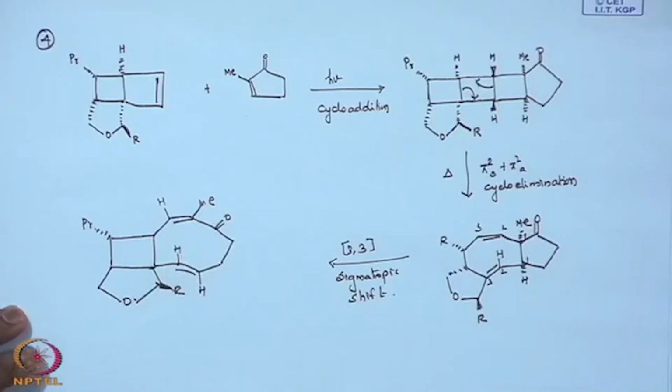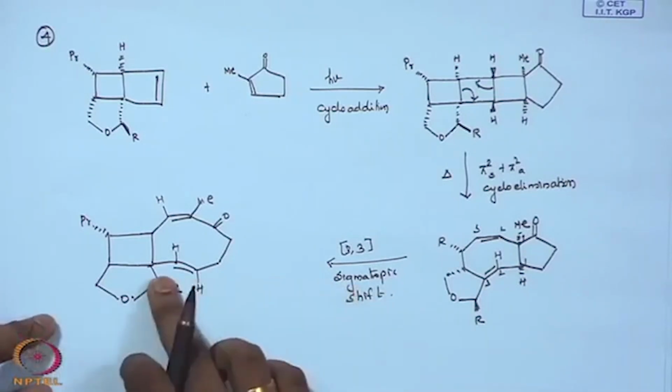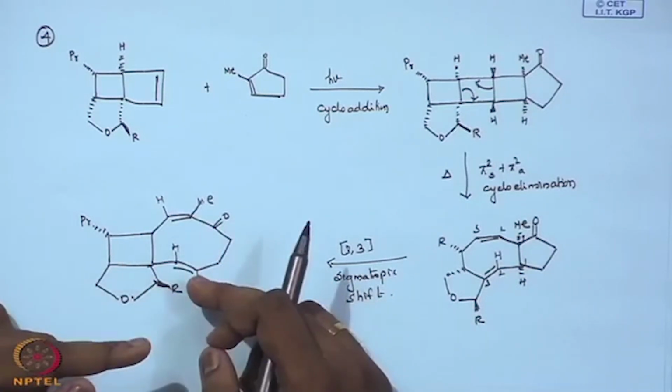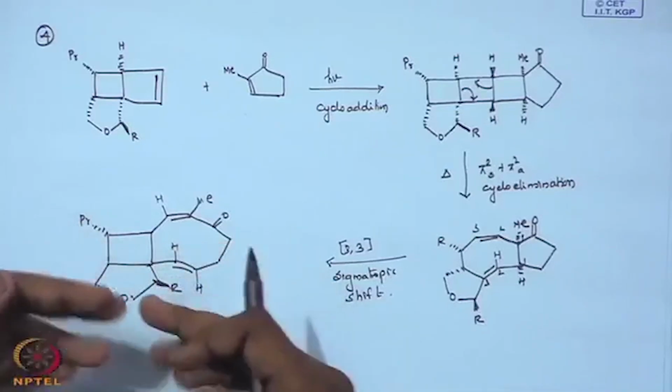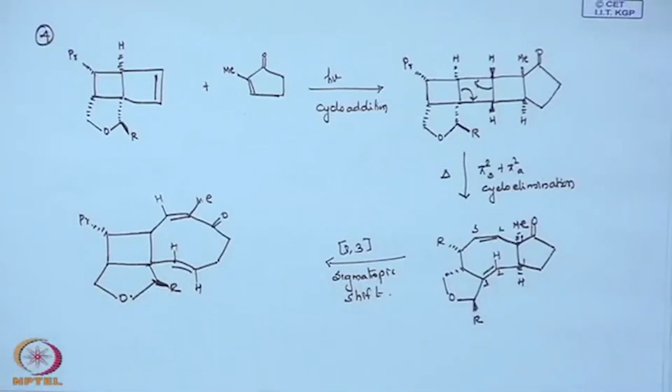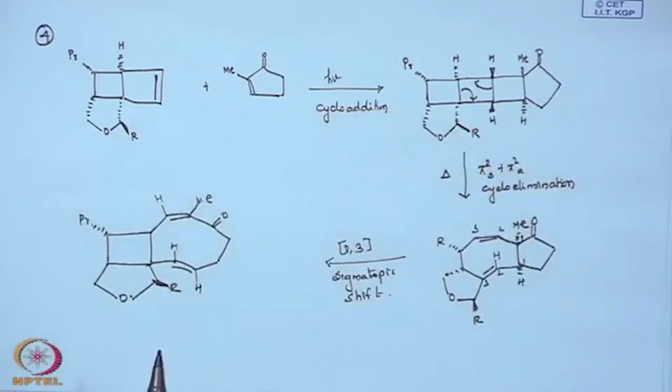So what happens, this again undergoes a bond rotation and then again it undergoes a 3,3 sigmatropic shift. This undergoes a slight bond rotation, followed by a 3,3 sigmatropic shift to give the final product. Fine. Any doubt with this?